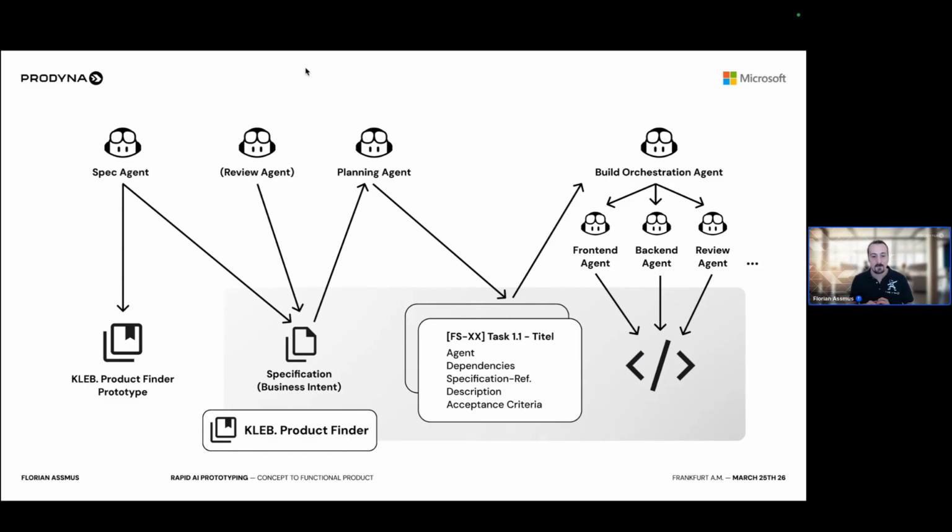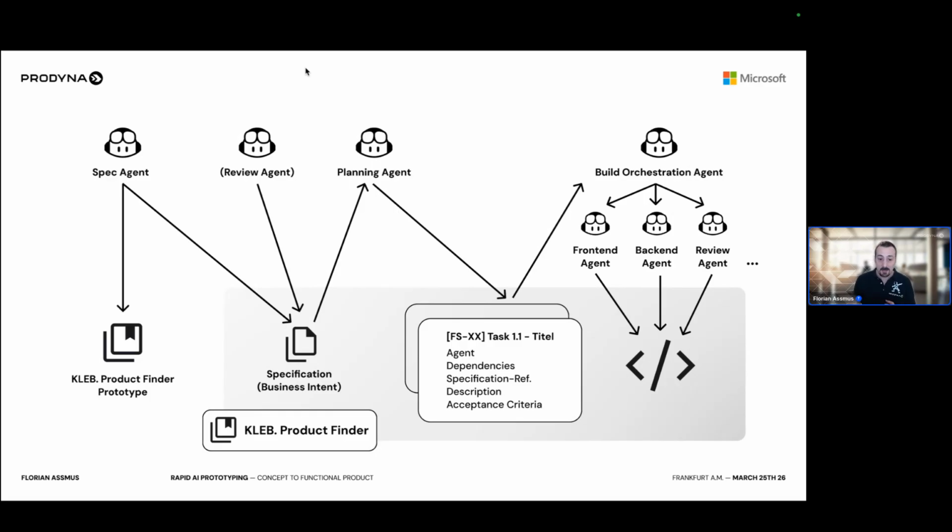So after the planning agent is done, we have a long list of GitHub issues that we need to implement to basically fulfill this specification.